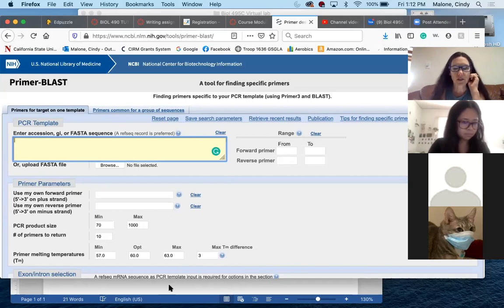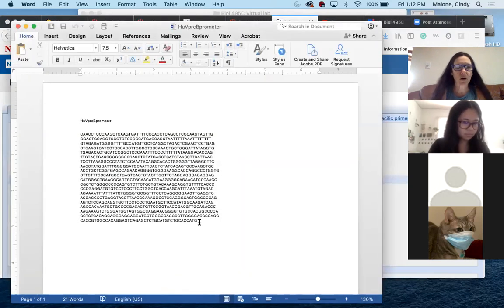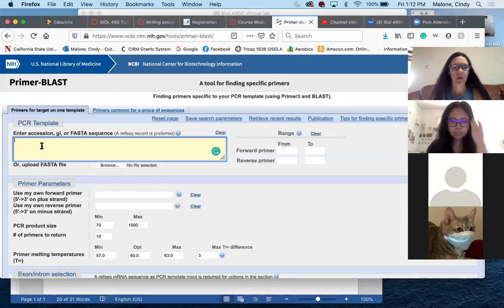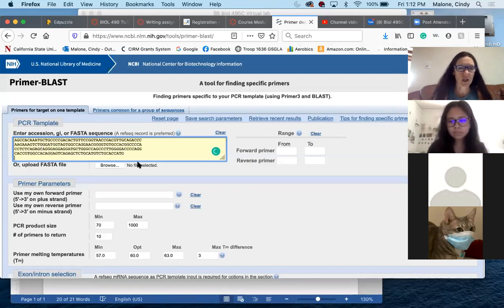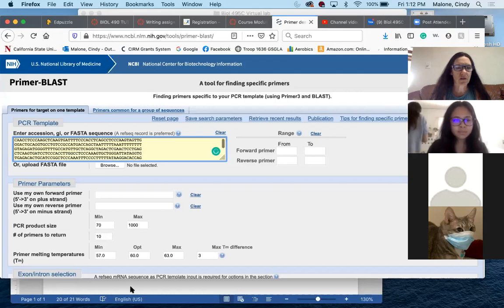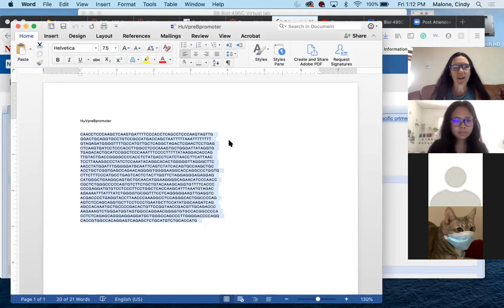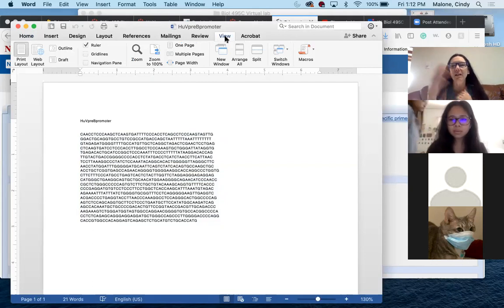So first, we're going to go back to our promoter sequence, and we're just going to copy paste into here. And then we just want to make sure that, like in our original file, we don't have any hard returns at the end.